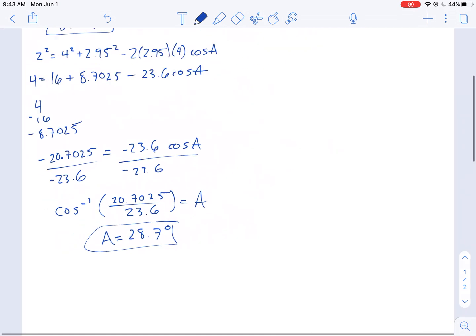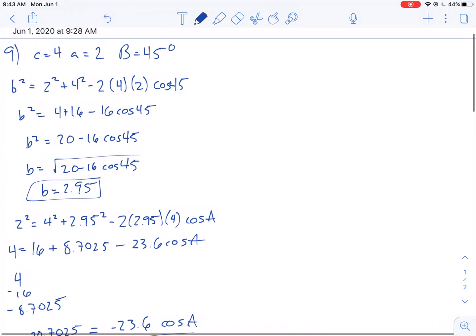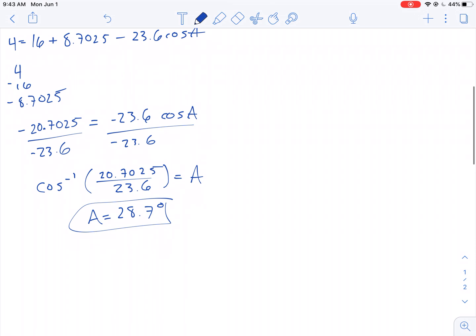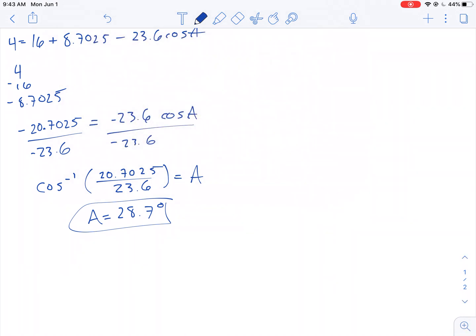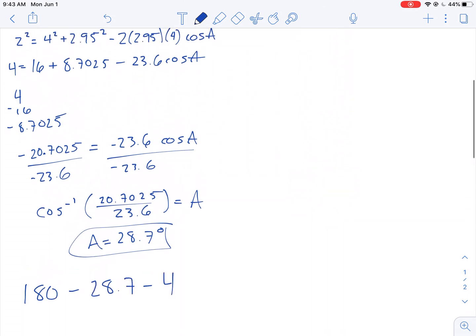Now, this does hold up. This makes sense. My angle B was 45 degrees and gives me a side length of 2.95. My side length A is smaller than that side length B, and it gives me a smaller angle, so that's good. That makes sense. Now I'm going to go through to solve for C. I'm going to do 180 minus 28.7 minus 45.